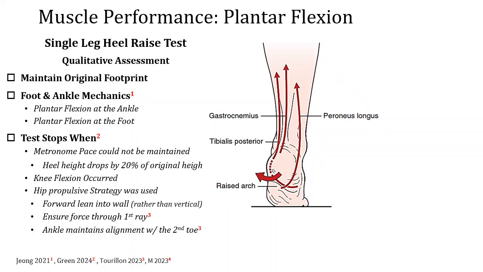And then a hip propulsion strategy was used, where they essentially use momentum, leaning forward. You need to ensure that the majority of the force goes through the first and second metatarsal head, rather than what you can see there, which is more of a sickling effect of the foot, where you go into an inversion moment.